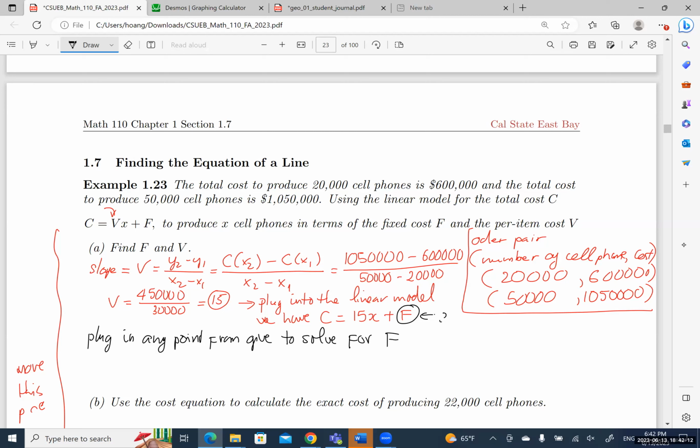And you see right now, we have 2 points. You can either go by 20,000 and 600,000 or the second one, 50,000 and 1 million something. I would prefer using the first one because it's a smaller number. But you can use the second one if you want. Okay, so choose.